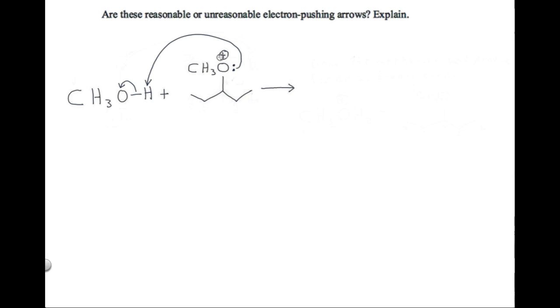I hope you said no. It doesn't make sense to put a positive charge at the beginning of the series of arrows. Since this oxygen is positive, it wants to gain electrons, not lose electrons. Always keep in mind that an electron has a negative charge. If you're positive, you would want to gain negative electrons. You wouldn't want to lose negative electrons.